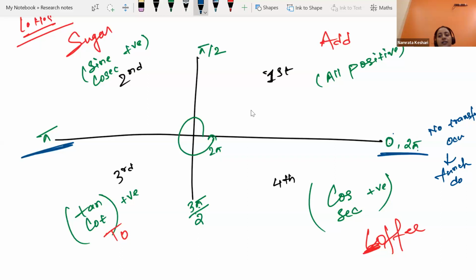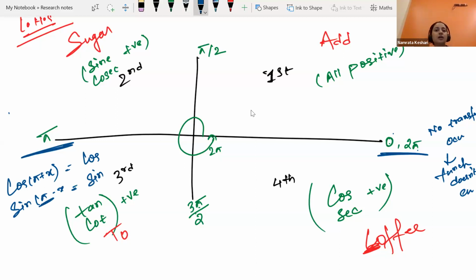Whenever we have cos(pi plus x), the function will not change, the result will be just cos only. If sine(pi minus x) is there, pi is there, the function will not change, it will be just sine.